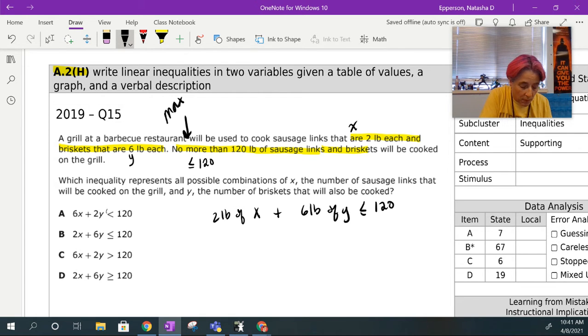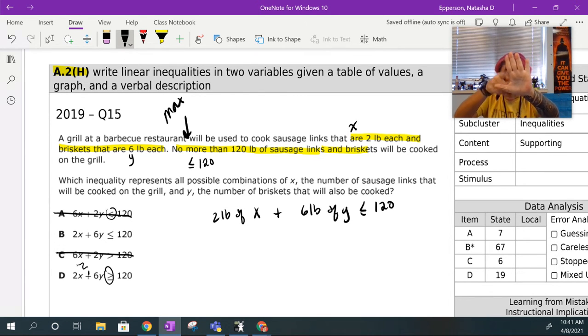The inequality symbol for A is less than, doesn't have the bar underneath, so A is out. Same with C. Then looking at our inequality symbols, D is going to be eliminated because it says greater than. Greater than means that whatever this value is, it's going to be larger than 120. Less than, left hand.